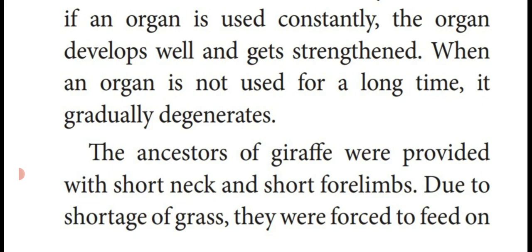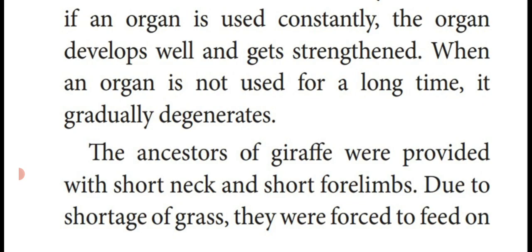So gradually the length of the neck and forelimbs also increased. So this proved that the organ which is used for a longer period is well adapted and also gets strengthened, as proved by Lamarck.